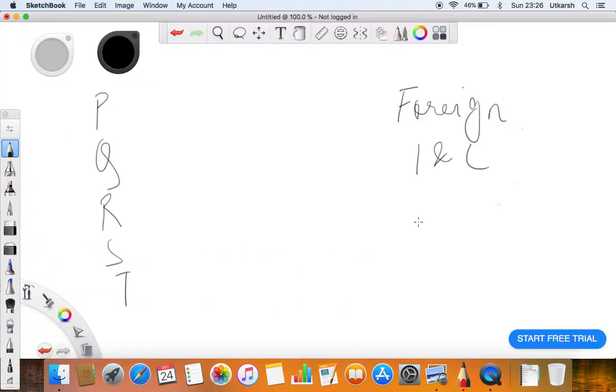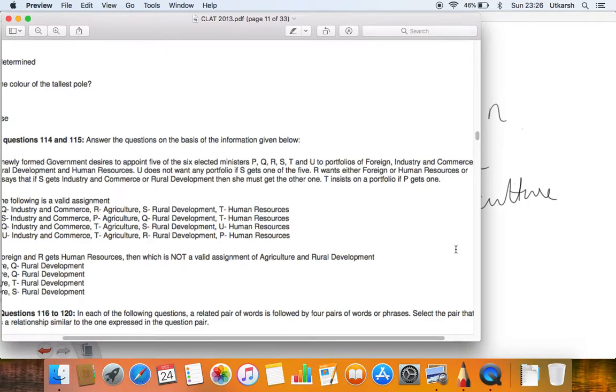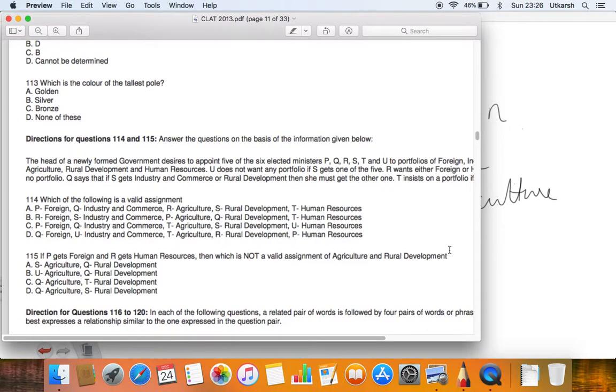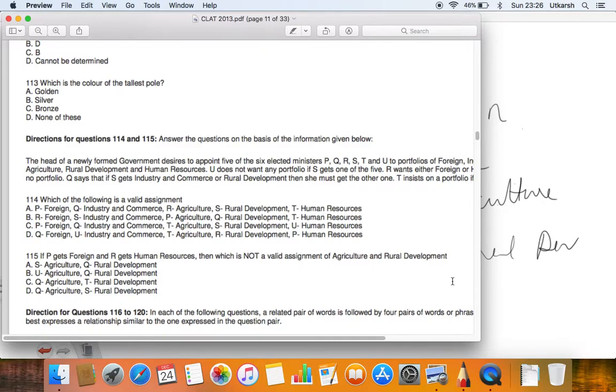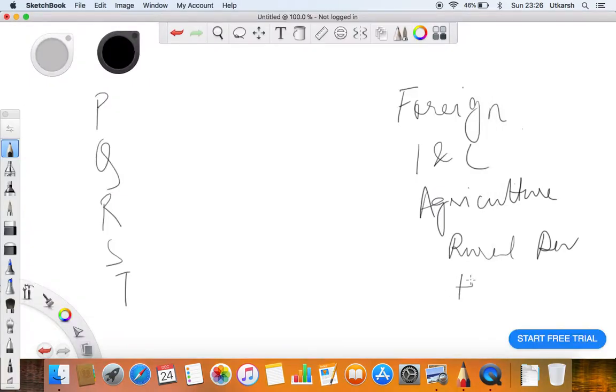Third is agriculture. Fourth is rural development. And fifth is human resources, right? R, S, T, U. There are six people.